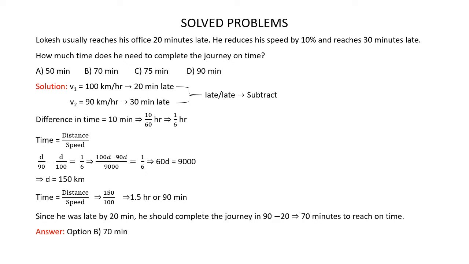So Lokesh takes 90 minutes to travel 150 kilometers, but if he takes 90 minutes to travel 150 kilometers, then he is late by 20 minutes. So to reach on time, he should complete the journey in 90 minus 20, that is 70 minutes. So the correct answer is option B, 70 minutes.